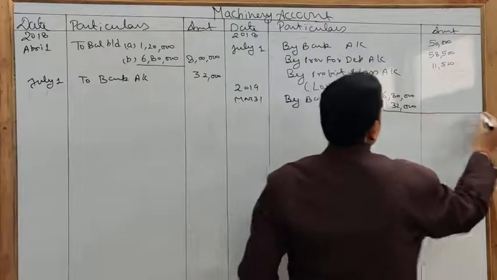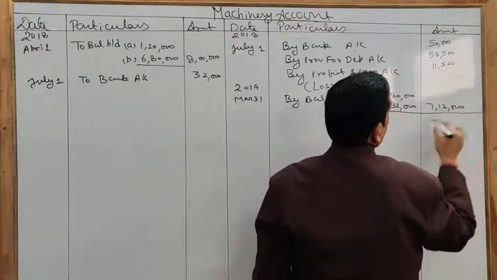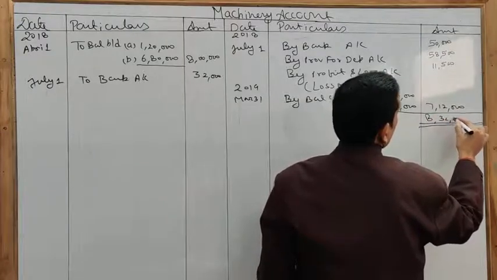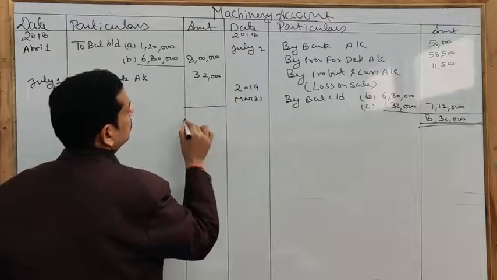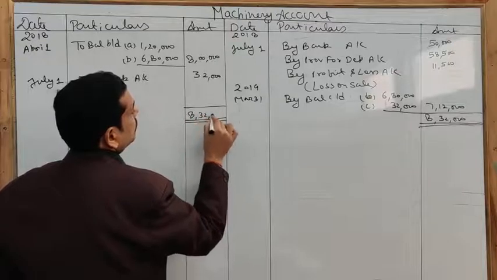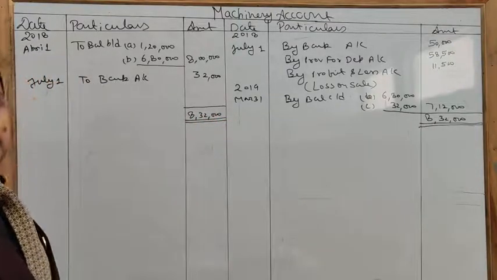Clear? Total is 7,12,000 and total is 8,32,000. Clear? In this way your machinery account has been prepared.